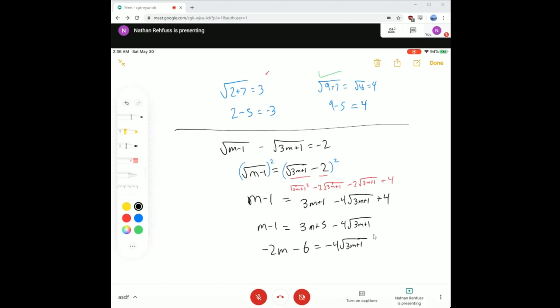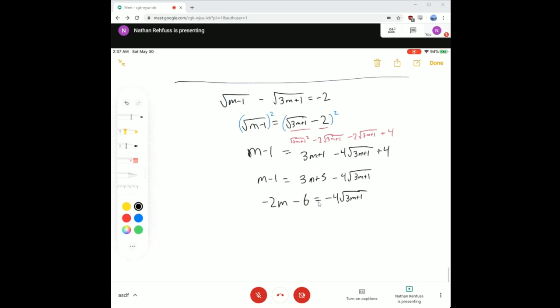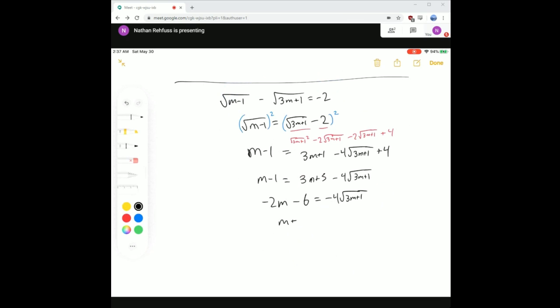Like so. So I subtracted the 3m to get negative 2m. I subtracted the 5 to get negative 6. And I don't like the minus signs, so I'm going to divide both sides by negative 2. Like so. Just easier to work with.